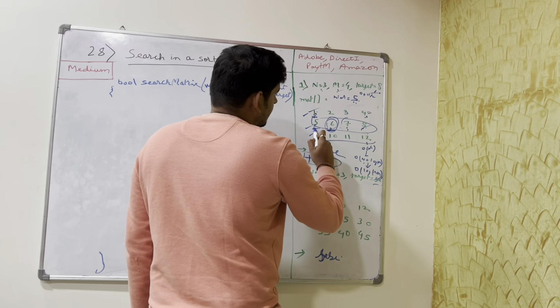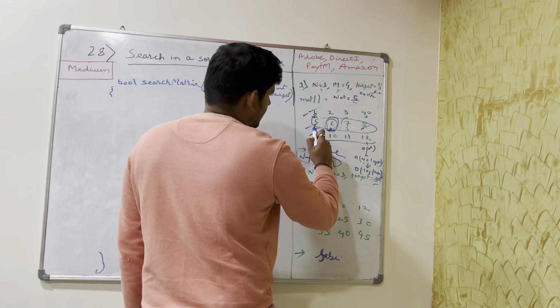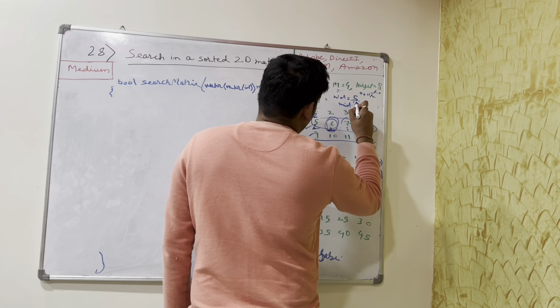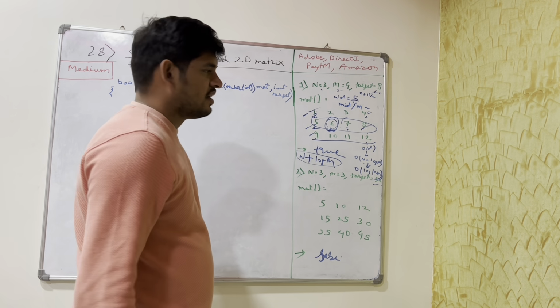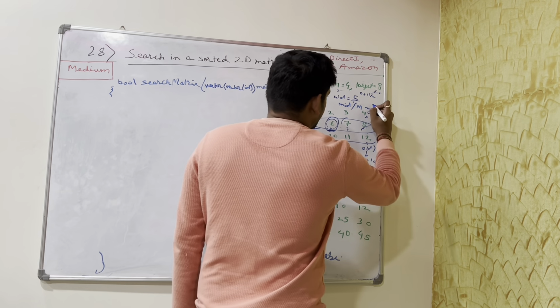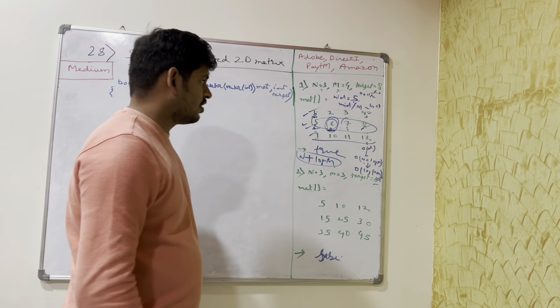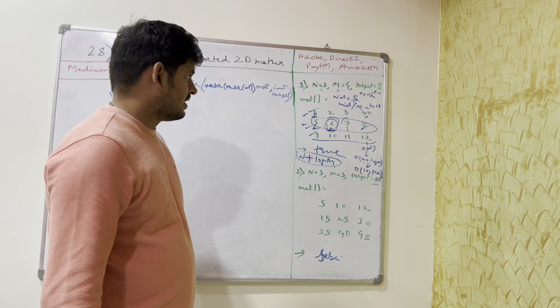We can locate the row in which the mid element is there just by dividing the mid by the number of columns. So what would be 5 by 4? 5 by 4 would be 1.